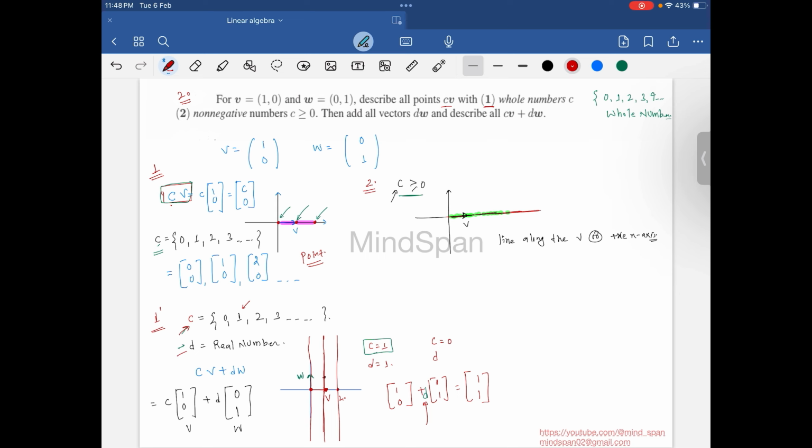The space of the linear combination of this v and w with a specific choice of c and d is a line that will be parallel to this vector w, and all these lines will be in the positive half plane, in this direction.